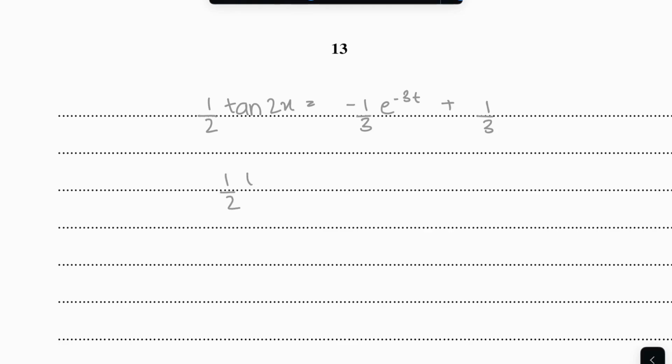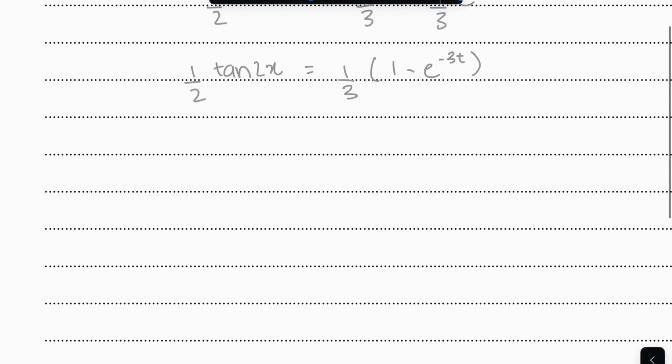So we could just rewrite this as such first. Now we can factorize and take 1 over 3 common. So we end up with this. Now let's send the 2 from the half to the other side. And so we get 2 over 3 bracket 1 minus e to the power minus 3t.